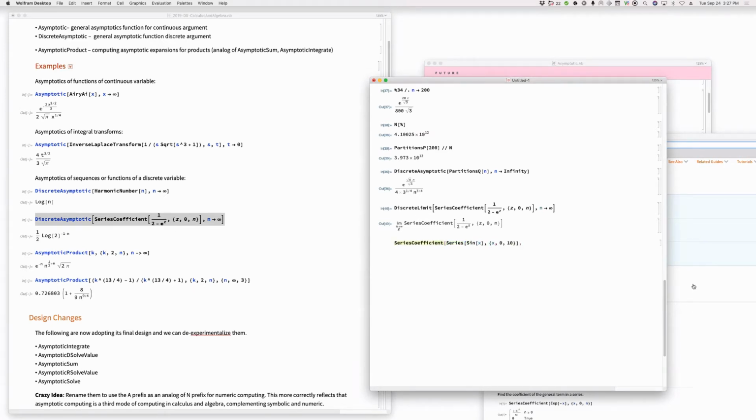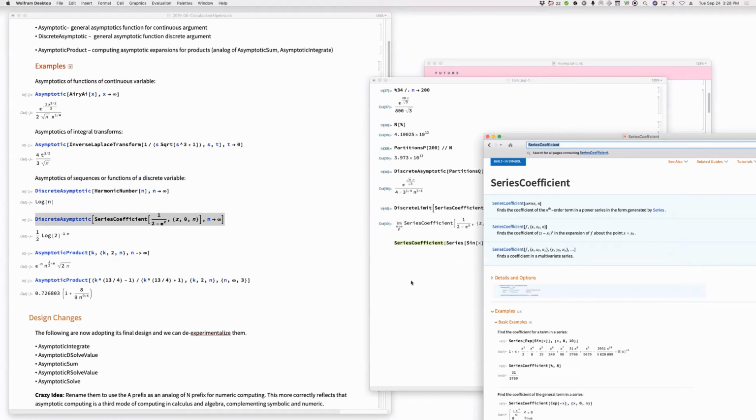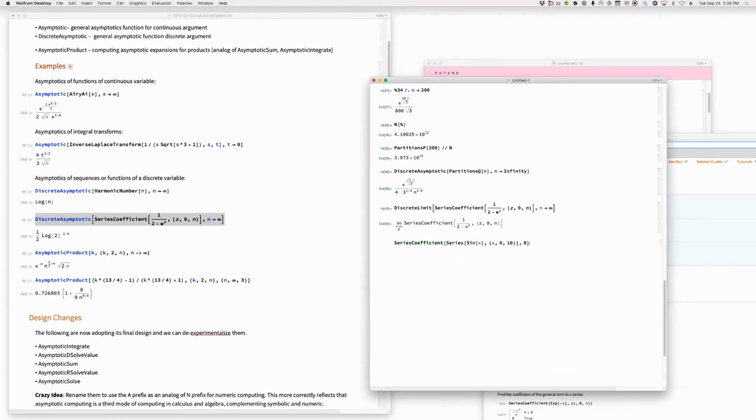So here, I can just say n is 8, for example. Yeah. Only the odd ones. Okay. Which is then equivalent to series coefficient of sine x.